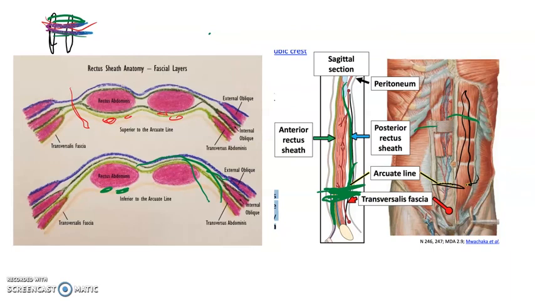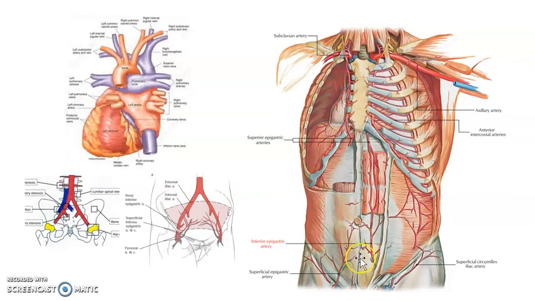So the inferior epigastric artery actually comes from the external iliac, which is this artery right here, and that comes from the descending aorta. Then you also have the superior epigastric vessels, which are coming from the top, and they come from the left subclavian, which I'm highlighting right here, and that comes from the aorta as well.